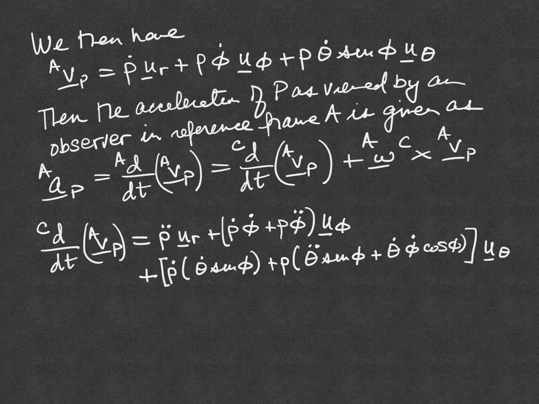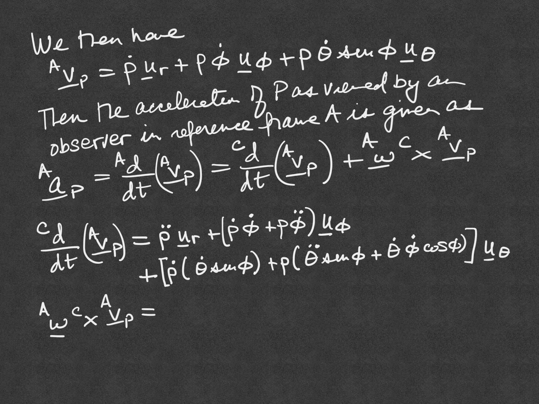Now, the next thing that I need to do is compute the angular velocity of C in A crossed with the velocity of P in A. Well, first I need to go back and get that angular velocity, and then I need to insert that expression here.